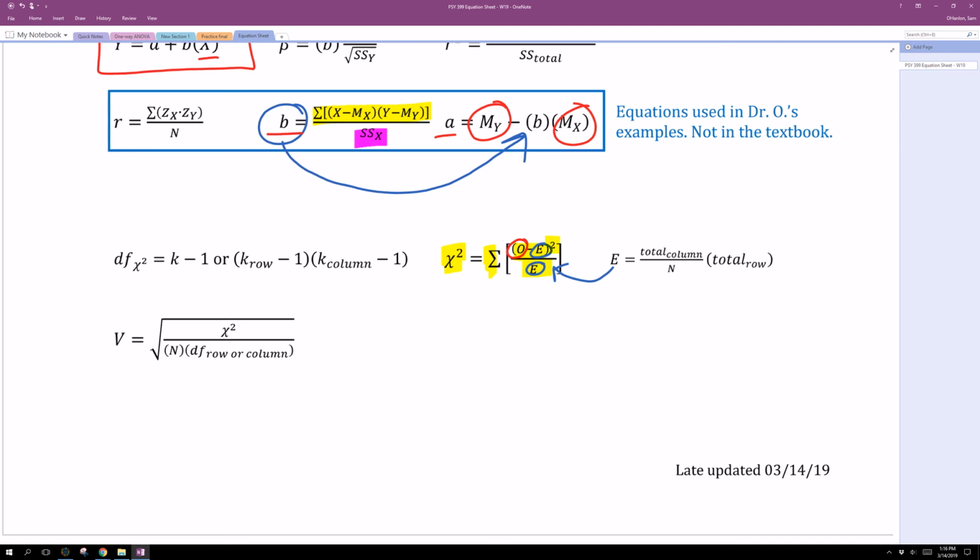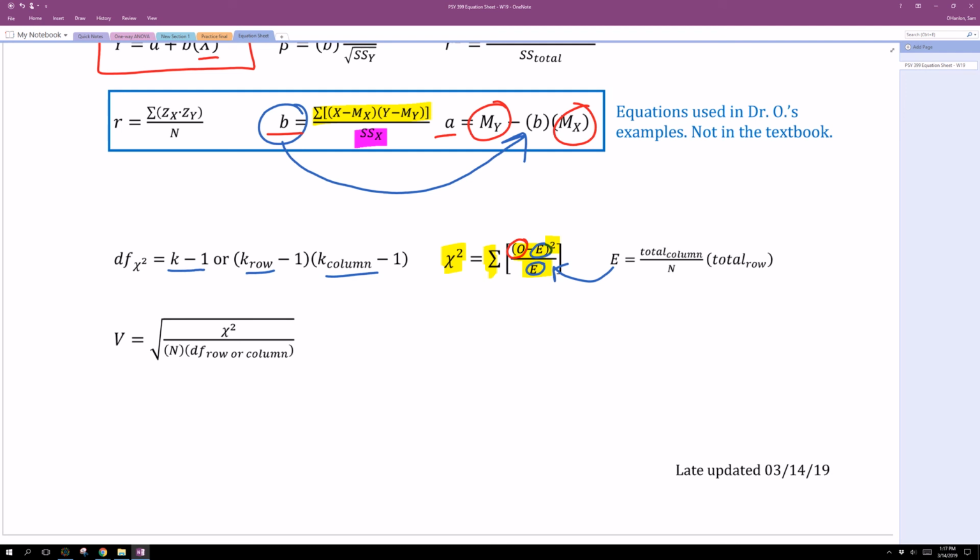if you have a table that has just one row of things, K is your number of groups, and you subtract 1. So if you have 3 categories, your degrees of freedom is going to be 2. Okay. If you have a two-way table, so you have multiple rows and multiple columns, you take your number of rows minus 1 and your number of columns minus 1.